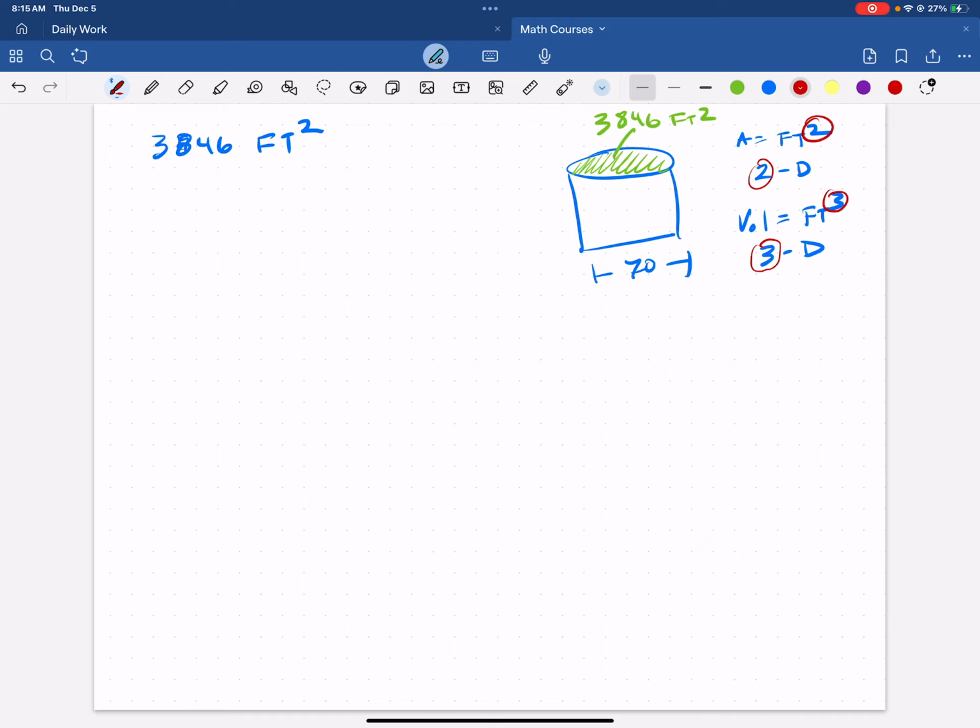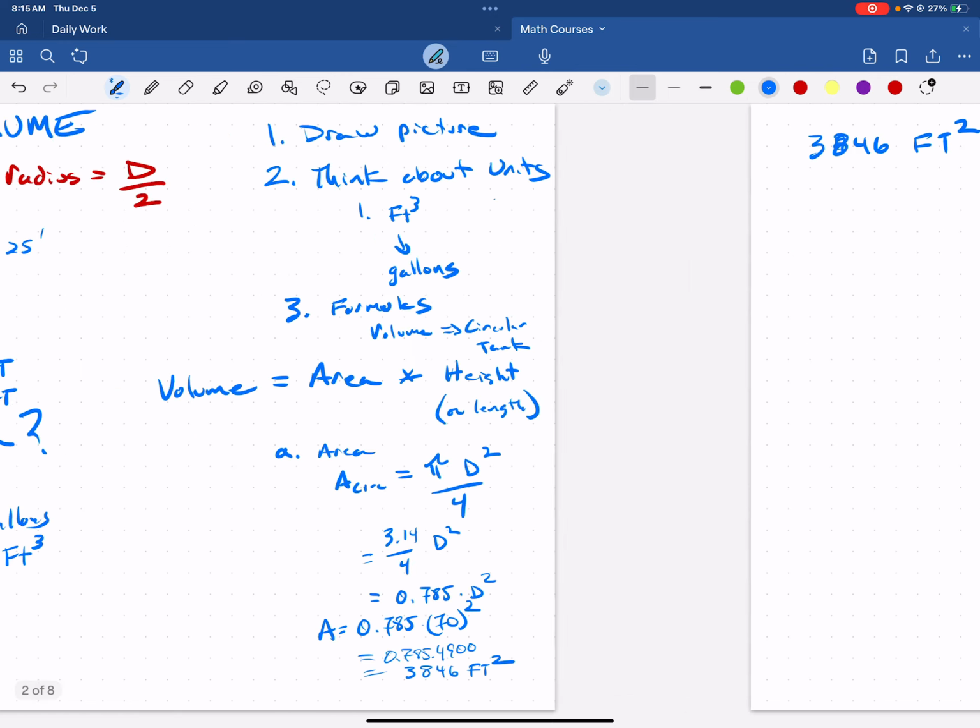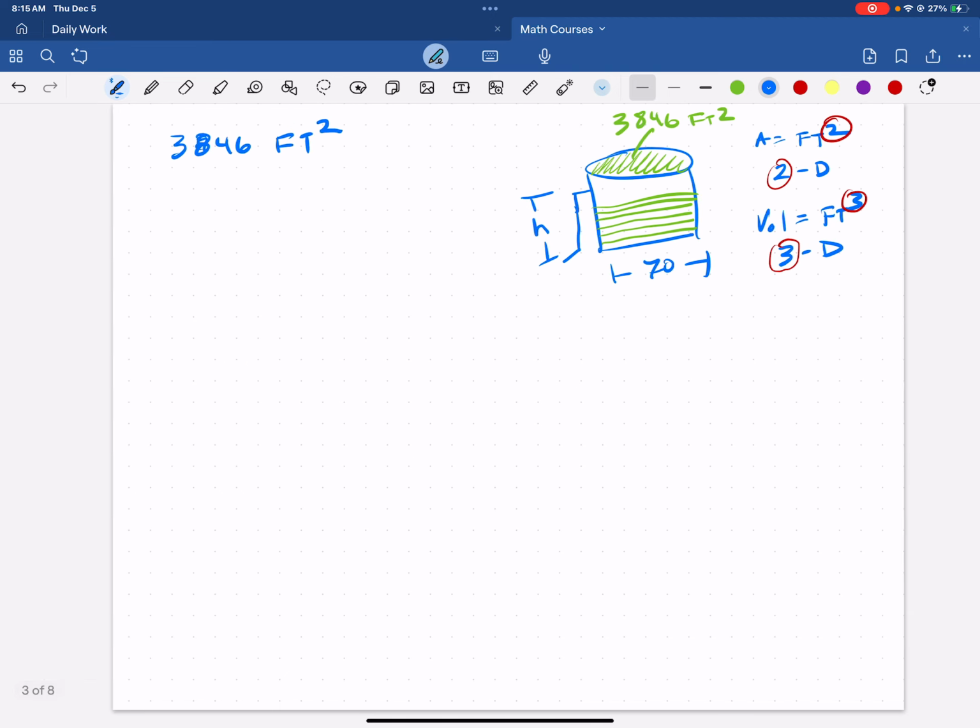Okay? So we're going to start looking at adding volume to this until we get to, say, our little overflow. So this is going to be our little baby H that we looked at before. And we said that was going to be, what, 25 feet? Yep, 25.